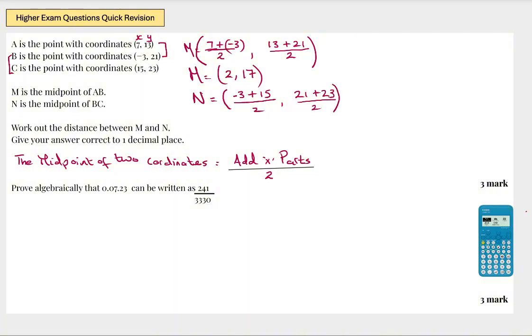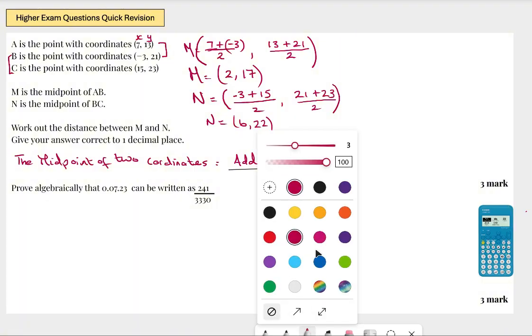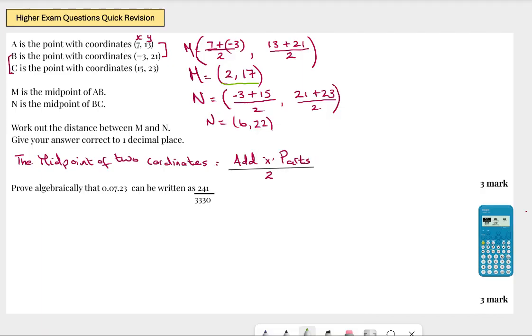Pop that all into your calculator, and your calculator will spit out 6 and 22. So there we have it. That's your first point of this three mark question, which, to be honest, it's pretty straightforward.